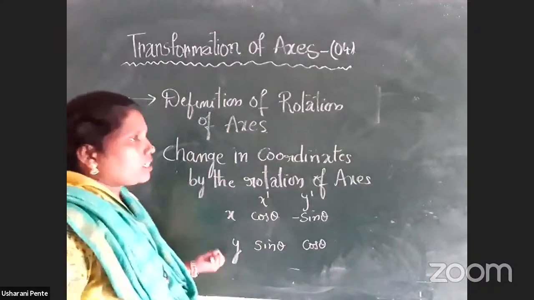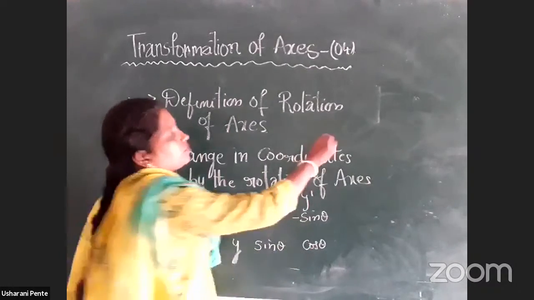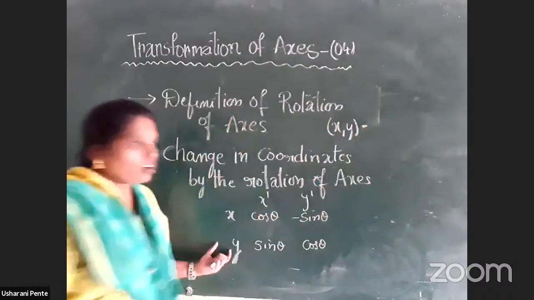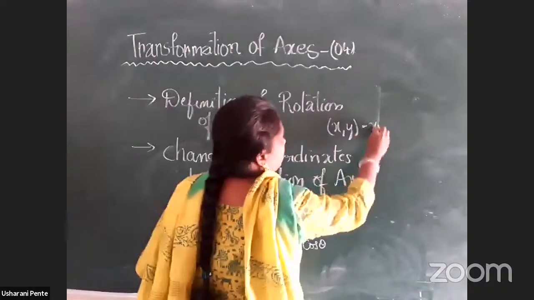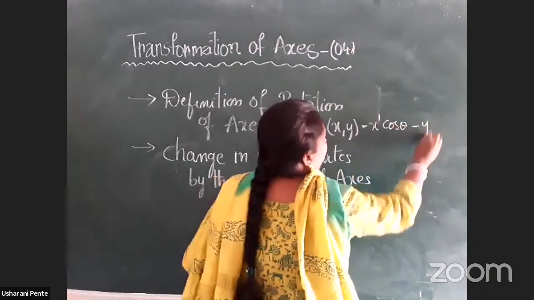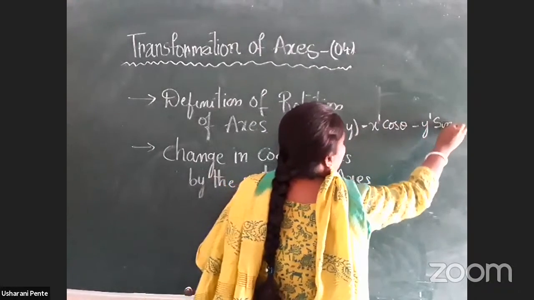So the coordinates with respect to the original system can be found out by x = x dash cos theta minus y dash sin theta.